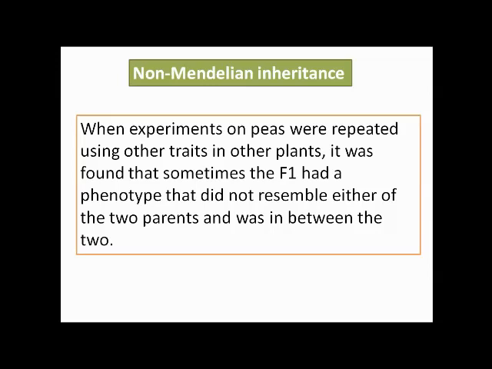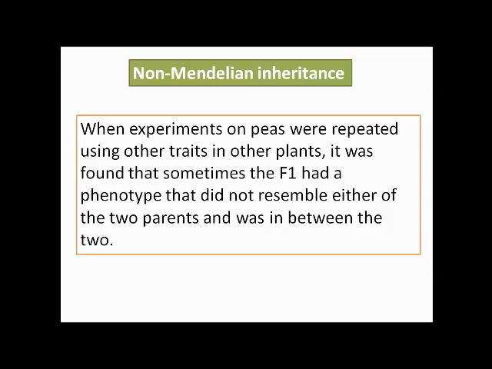The first two laws clearly state that the ratio has to be 3 is to 1 and there is no mixing of characters. So these rules suggested by Mendel were not followed in these crosses, and the possible explanation was given through this experiment.